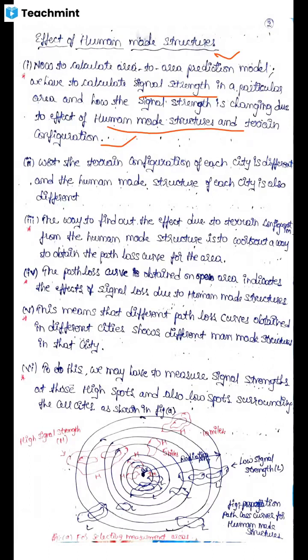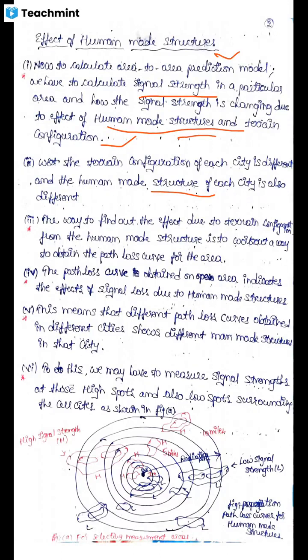So here the terrain configurations, see for example in a city or in an area, we will have different terrain configurations or different human-made structures. It changes from area to area. So at each area, when we are going to calculate a signal strength, the signal strength is affected by different human-made structures or natural terrain configurations.